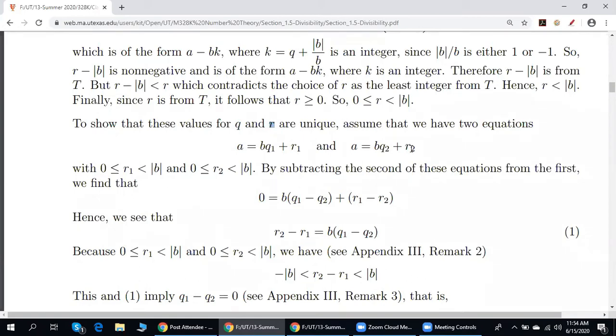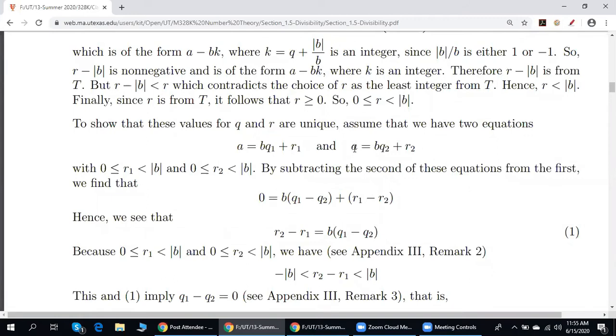In order to do that, assume that we have two equations. A is equal to BQ1 plus R1, and A is equal to BQ2 plus R2. The goal is to show that Q1 is equal to Q2 and R1 is equal to R2.